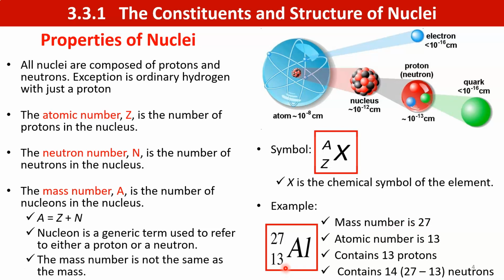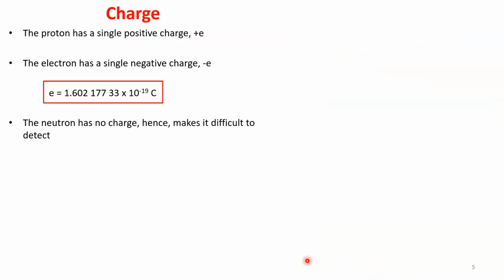The atomic number also represents the number of protons inside the element. If the atomic number is 13, the proton number is also 13. Then 27 minus 13 equals 14. 14 is the number of neutrons inside the nucleus.